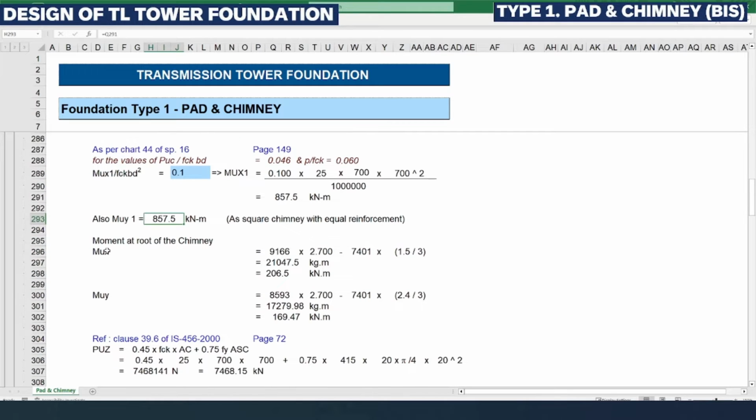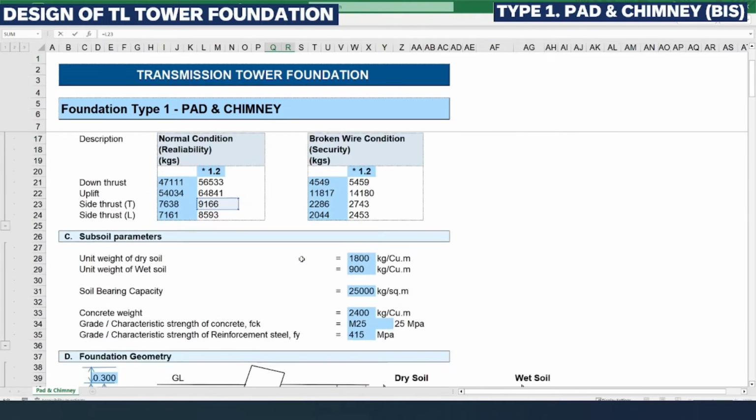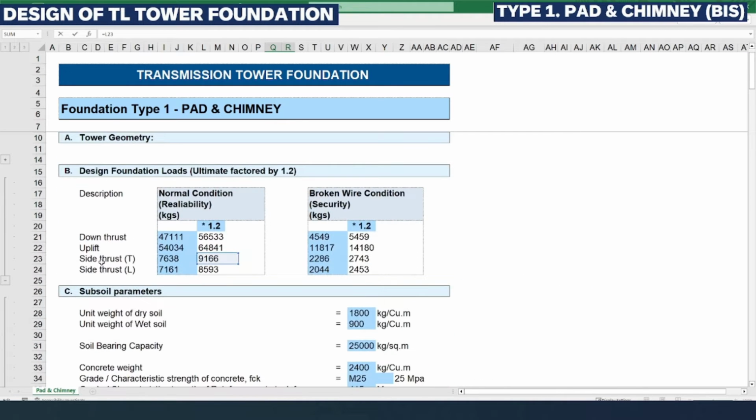Next we need to calculate the actual bending moment which happens at the bottom of the chimney. For that, one moment is caused by the side thrust. There are two side thrusts. Here you can see one is in the transverse side as per the design foundation loads. The second one is the longitudinal side thrust.